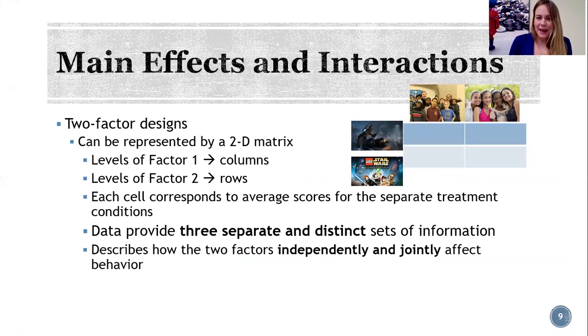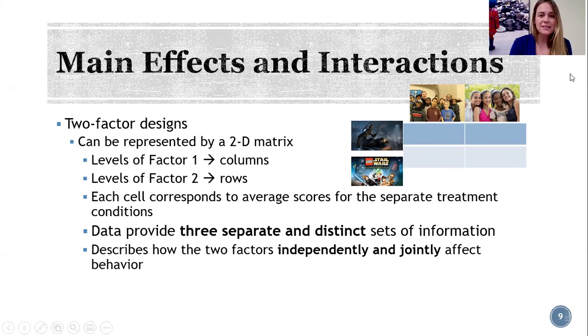So let's talk now about main effects and interactions. A two-factor design where we have two independent variables can be represented in this kind of matrix where we've got columns and rows together. Our levels of our first factor are represented by the columns, so whether there's a difference in aggression depending on if you're a boy or a girl. Our levels of our other factor are represented by the rows, whether there's a difference in aggression depending on whether you play those violent games or the non-violent video games.